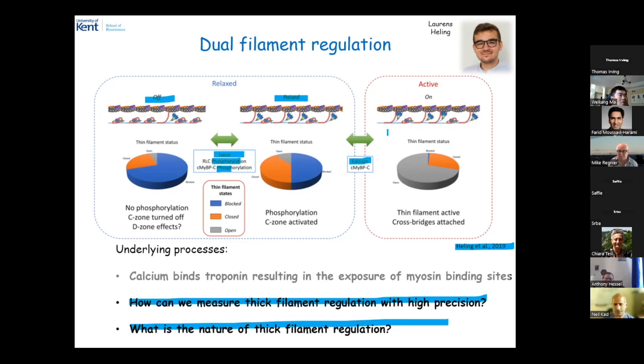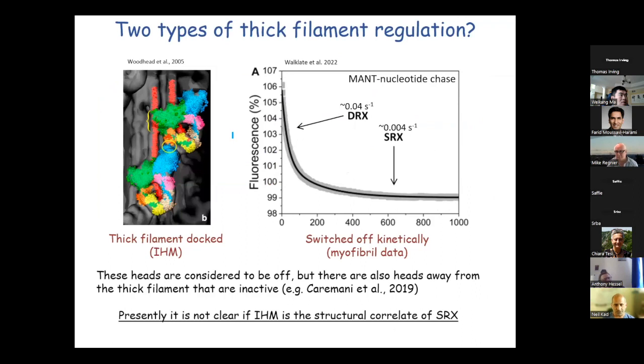Before I go into talking a little bit more about our data, I'm going to talk for just a second about the potential 2 types of thick filament regulation. Again, this is recapitulating what Safi just talked about. One of those is the docked situation, which is known as the interacting heads motif, and I think in the next talk, Davide is going to talk about this in more detail.